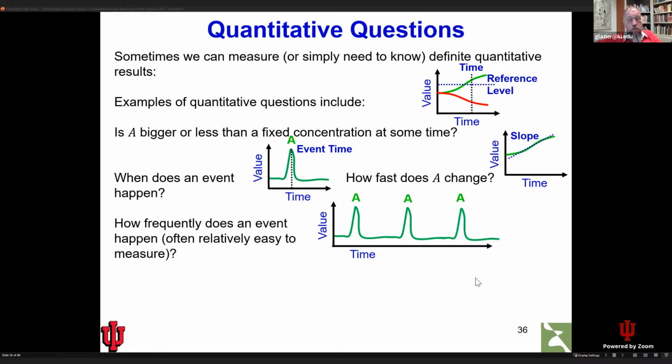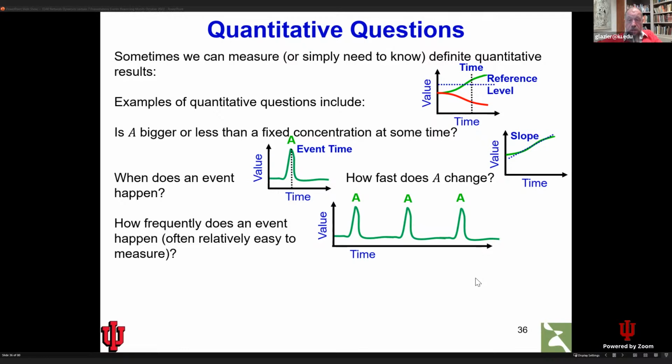Although actually measuring a tumor in a live individual is not so easy. How fast is something increasing? When did something happen? How often does something happen? That last one may be a little bit easier. How frequently does something happen? May be easier than exactly when. So those are quantitative questions.